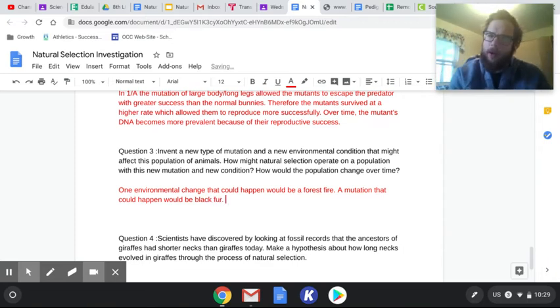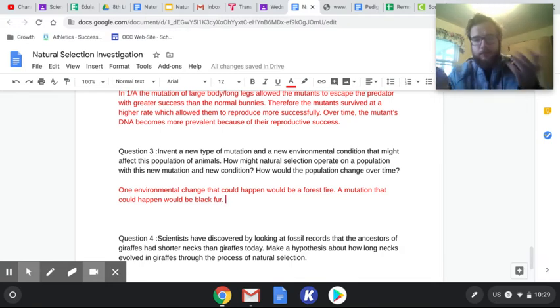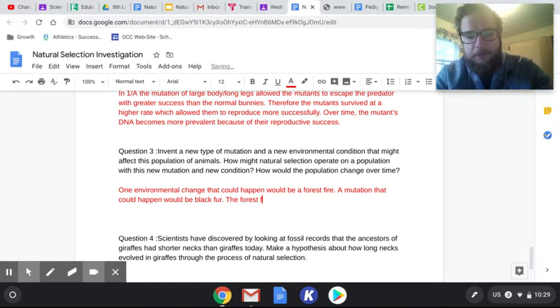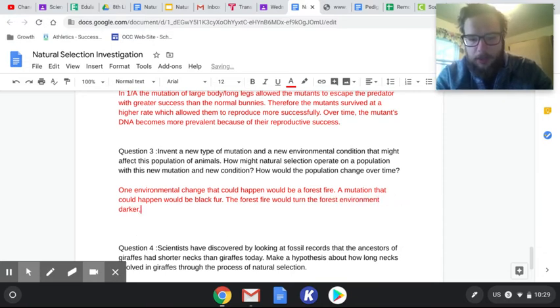Okay, so I wonder, do you know where I'm going with this right now? So what's a forest fire going to do? And then is black fur going to be beneficial or not? So let's talk about what's going to happen. The forest fire would turn the forest environment darker and more black because of all the, how do I spell charring?